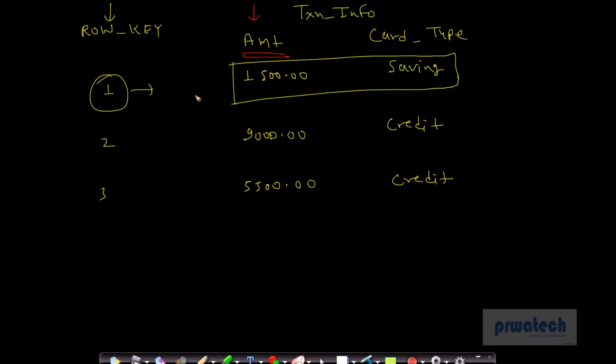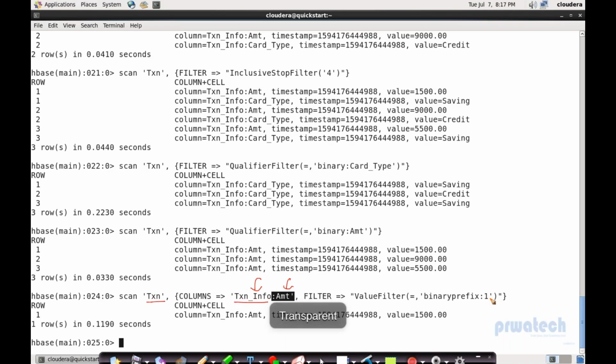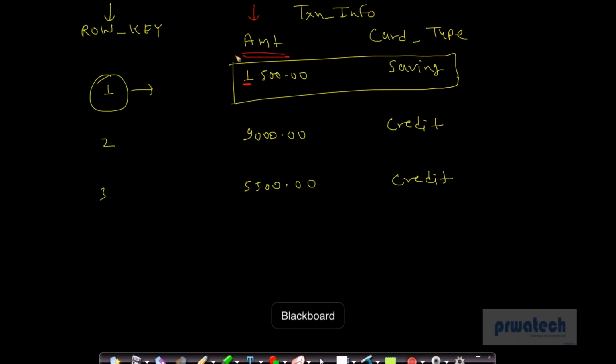Here you said you want results starting with 1. You are giving one prefix, so you want all the results which start with 1. We have only one result starting with 1, and that's how I get this result.